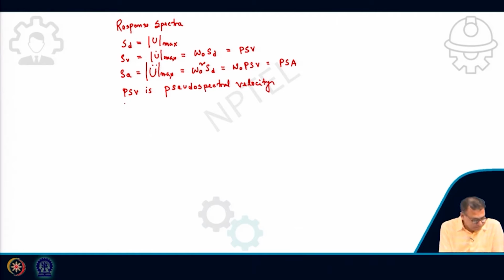Similarly, PSA is the pseudo spectral acceleration. U max is the maximum displacement.